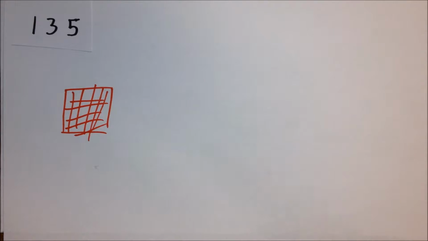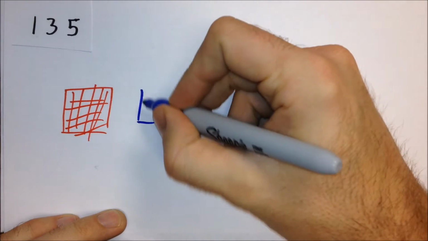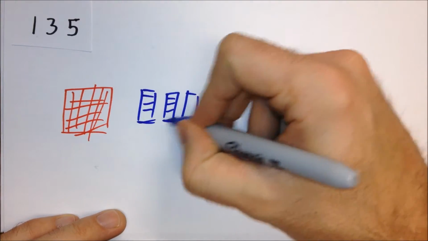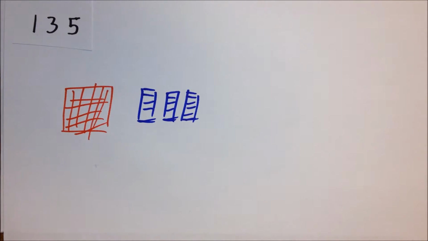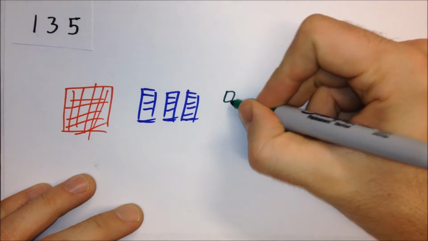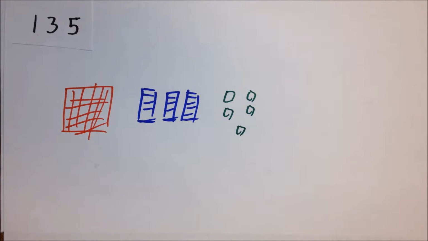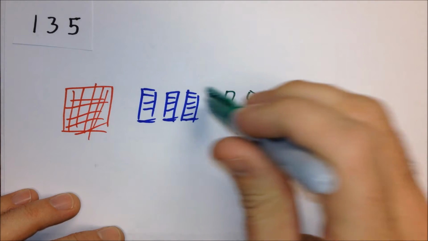Then I could say, well, I've got 3 ten blocks. 1, 2, 3 ten blocks. I know there aren't 10 dashes here, that's because I'm being quick and lazy. And then I know that I have 5 of my 1 blocks.